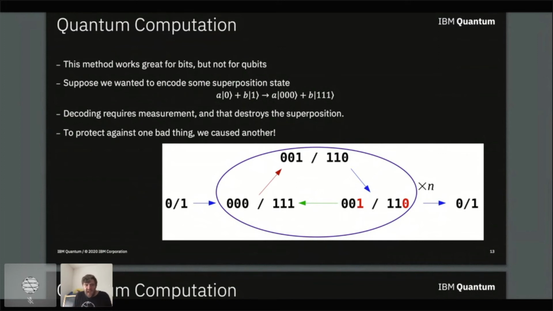The fact that we have destroyed it by inserting measurements to check up on what's going on is a problem from the quantum perspective. So to protect against one bad thing, which is our qubits flipping when we don't want them to, we actually caused another bad thing, which is the collapse of the superposition.